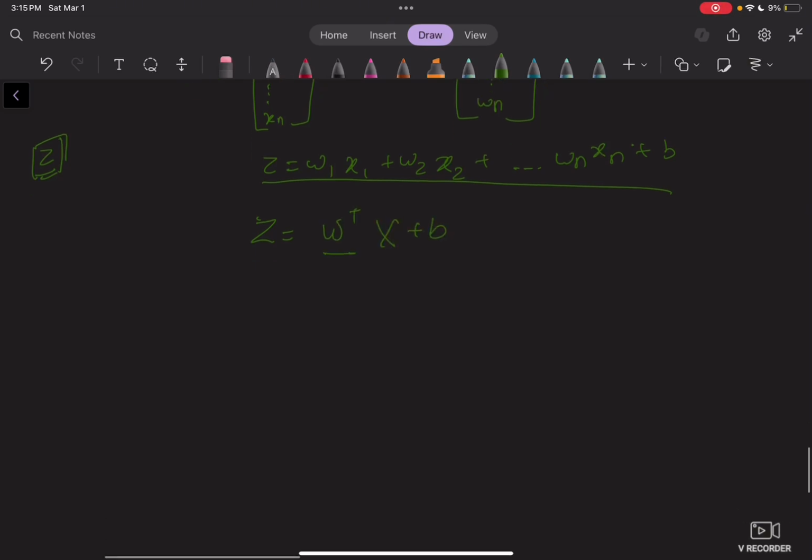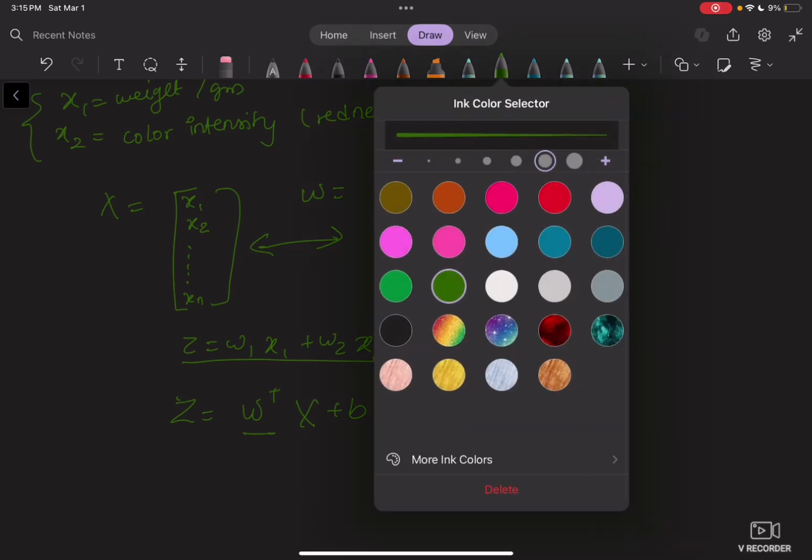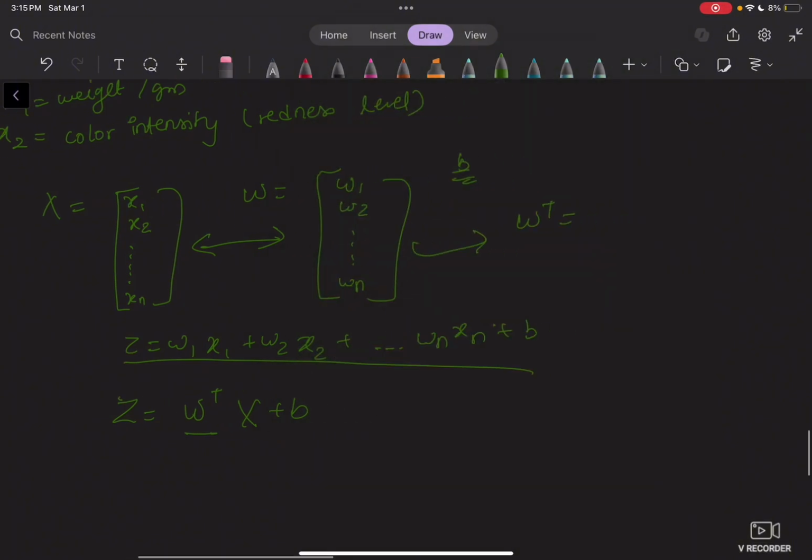Why transpose? Because right now, these are both column vectors, and if I want to multiply and get a scalar value, I need this to go from a column vector to a row vector. Let me write the b somewhere else.